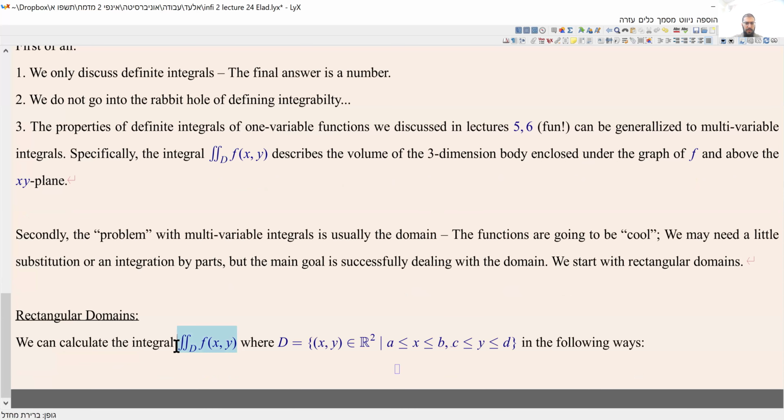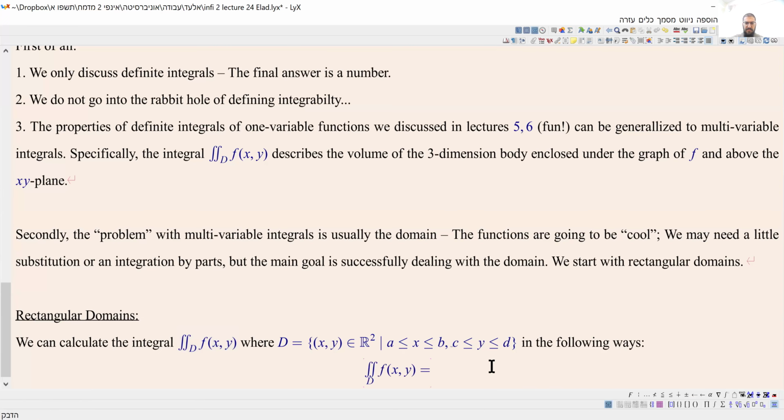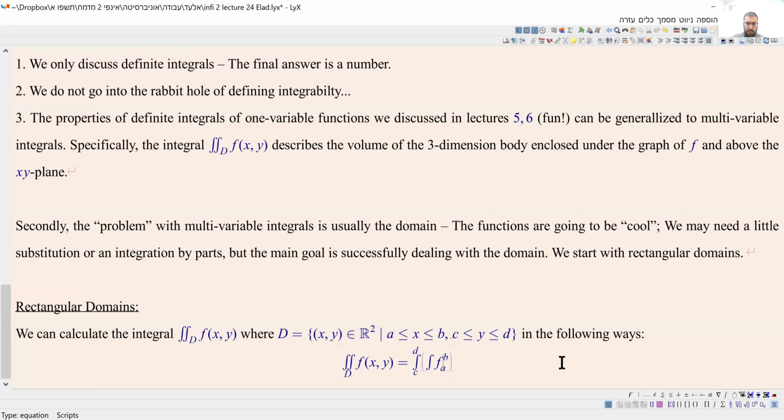One can start with x and then move to y. Or we can start with y and then move to x.